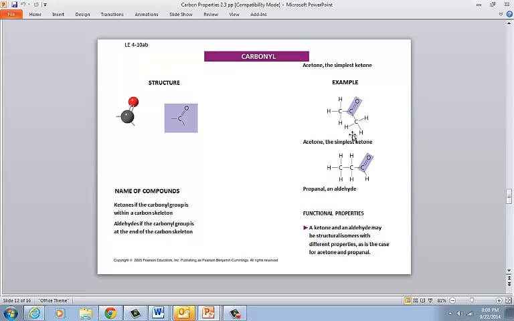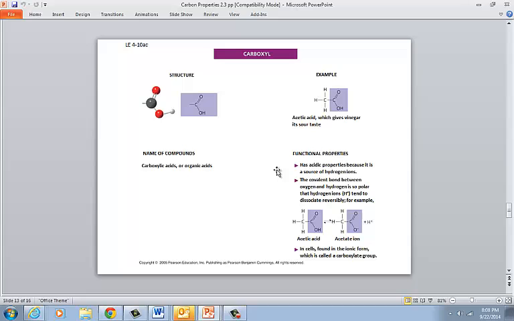Ketone, K, is in the middle of the alphabet, and the carbonyl group is in the middle. So the ketone, the carbonyl's in the middle; the aldehyde, the carbonyl is at the end. Pretty good, huh? You got that now, no doubt.